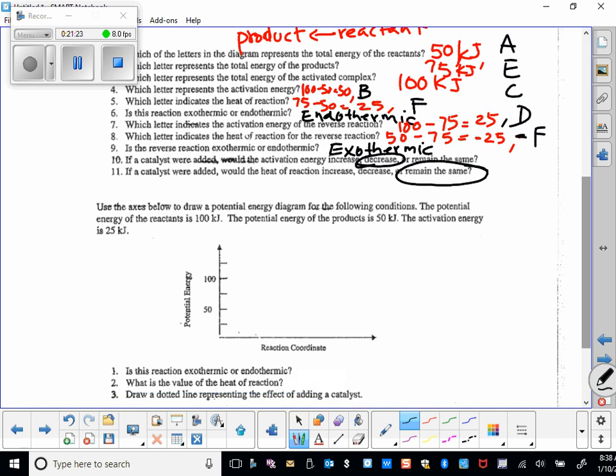I need you all to draw the next graph yourself. Do it at your station, and in 1 or 2 minutes, I'm going to draw this graph, and then you can compare your answer with what you've drawn. Go ahead, process that information. They've given you the potential energy of the reactants, the product, and the activation energy. Draw the graph.